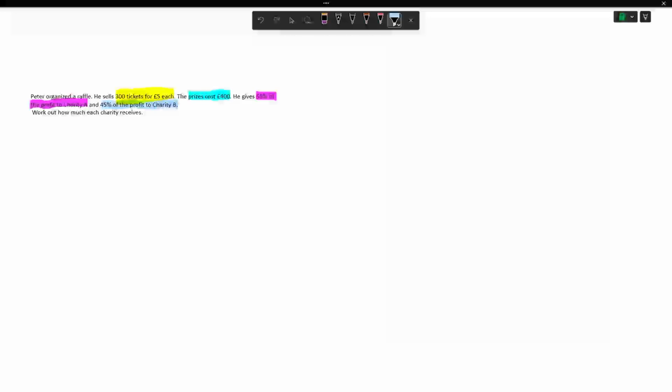So what we have to do first, we need to find out how much the tickets cost. So we have 300 tickets, which cost £5 each. So you multiply 300 by 5, and this is going to be 1,500.